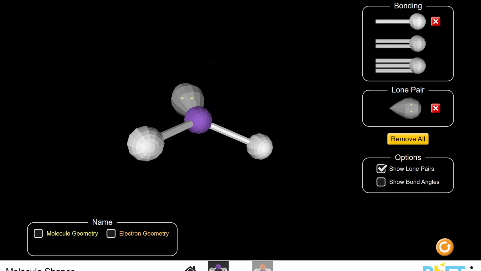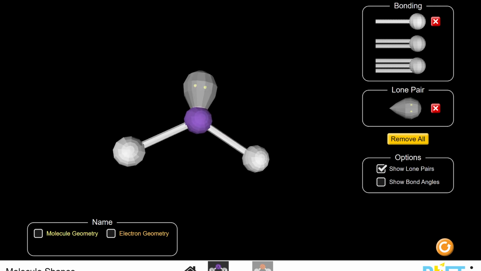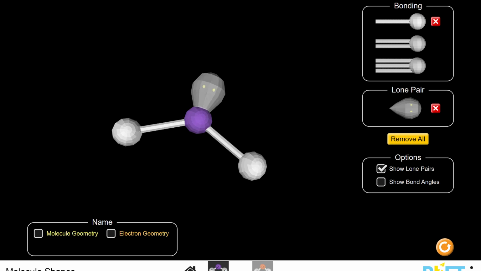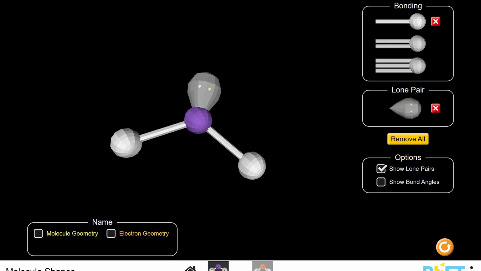These lone pairs of electrons occupy such a big bubble of space that they force the bonds a little closer together, so the bond angle would be a little less than 120 degrees, because the lone pair on the top pushes those bonds closer.